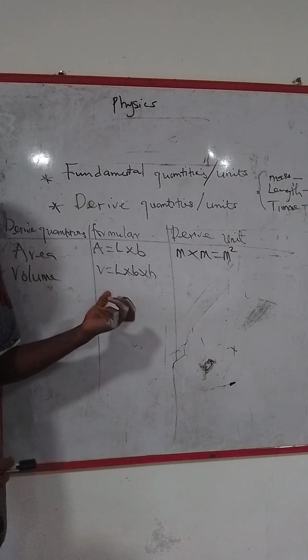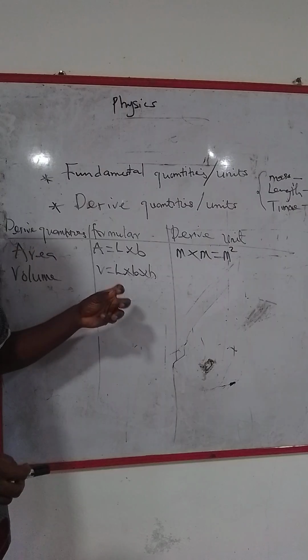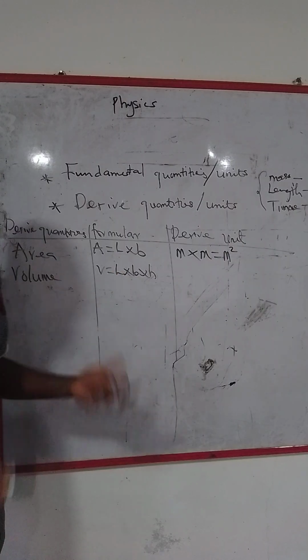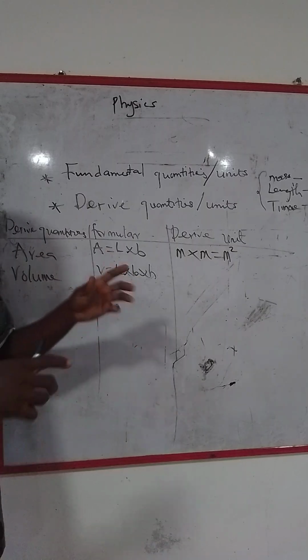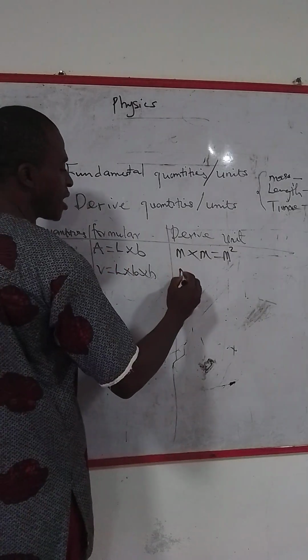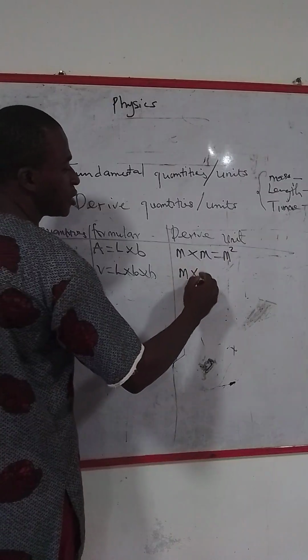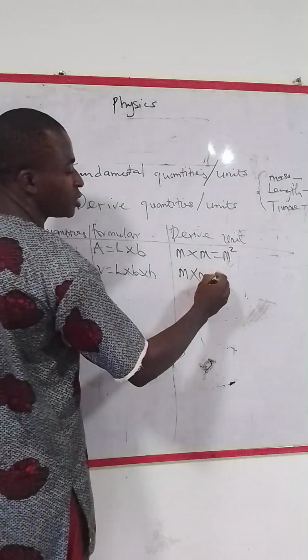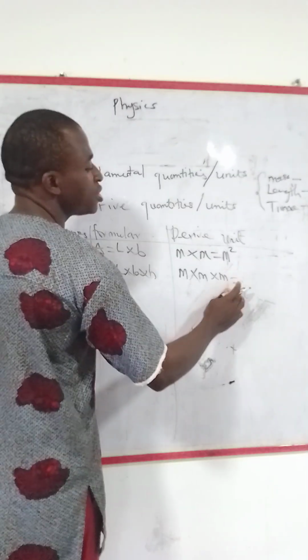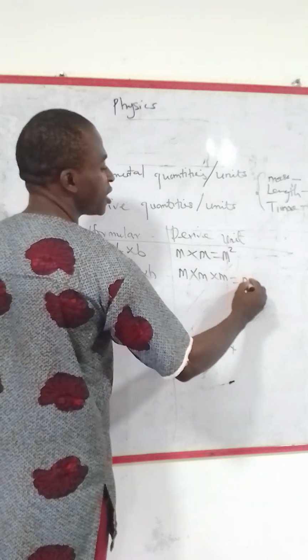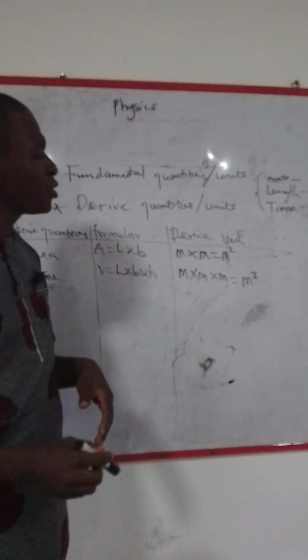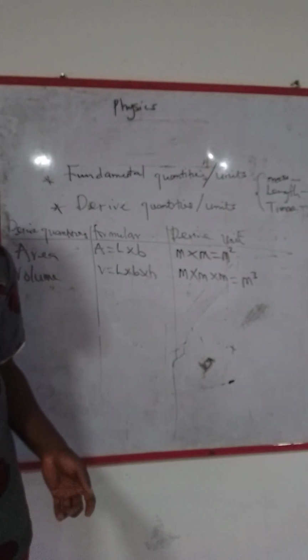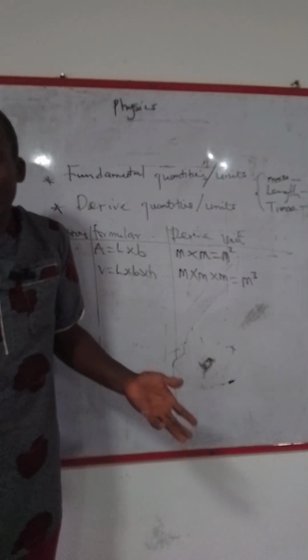Like I said earlier, in this situation, the unit of length is what? Length. We are using the respective unit for each of the quantities that form the formula. The unit of length is what? Meter. The unit for breadth is what? Meter. The unit for height is what? Meter. When you do this, mathematically you are going to get what? Meter cube. That's why, like I said before, when you see somebody write 3 meter cube, you don't need anybody to tell you that the person is talking about volume.